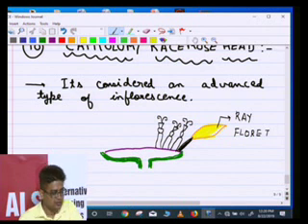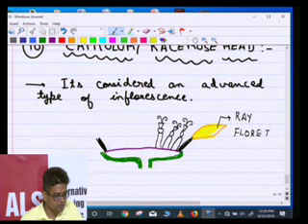Okay, and the central disc florets are called disc florets. They are younger flowers, and the outer ones are the ray florets.